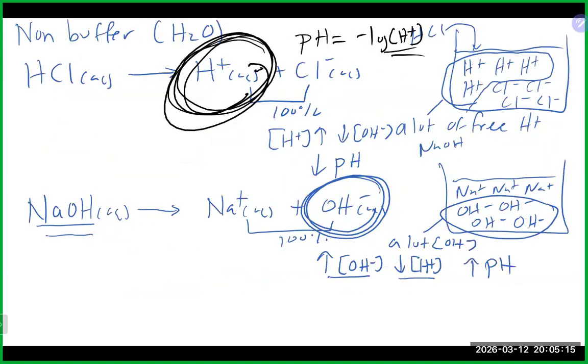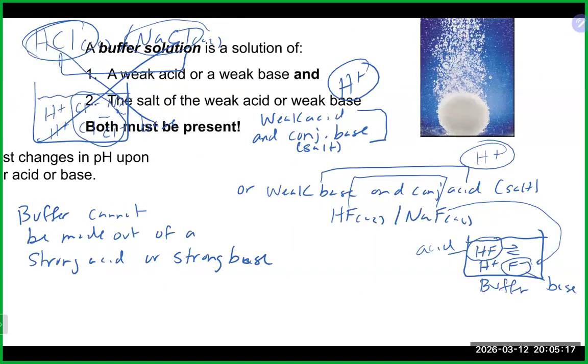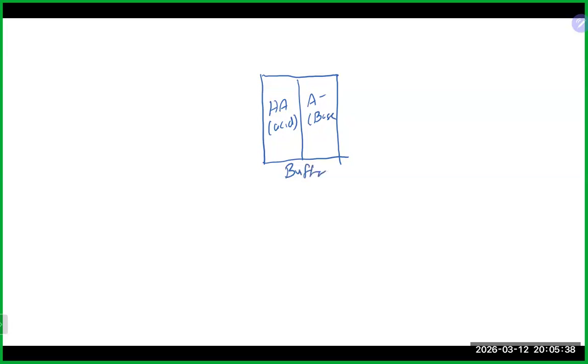Now, just to illustrate one last thing here. When we make a buffer, a lot of times we try to make it with an equal amount of the acid part, HA, and A minus, the base part of the buffer. So a lot of times we like to start with an even amount of each of those.